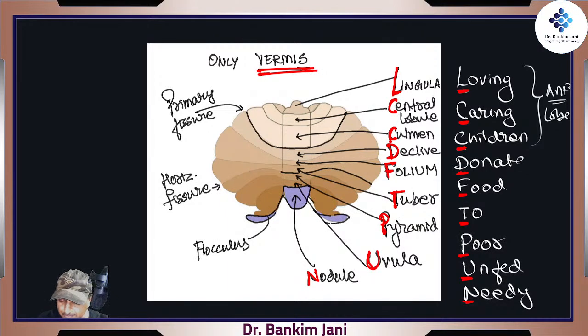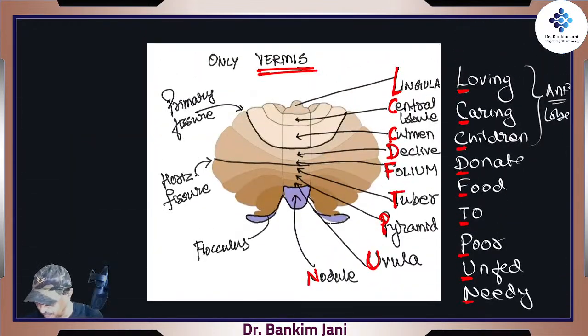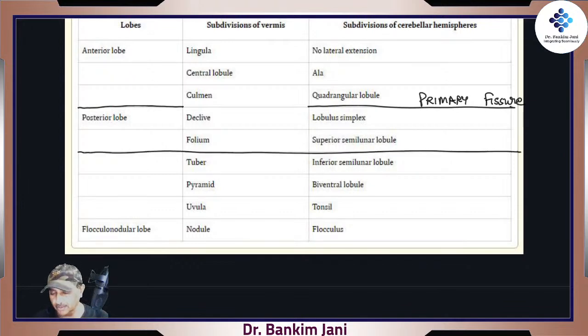This one is the horizontal fissure. So between folium and tuber, that one is the horizontal fissure.